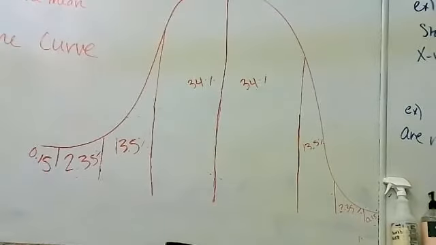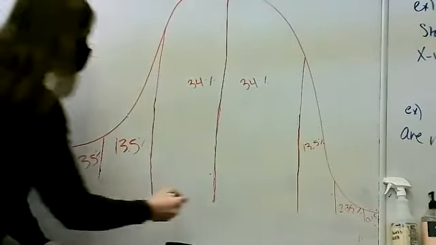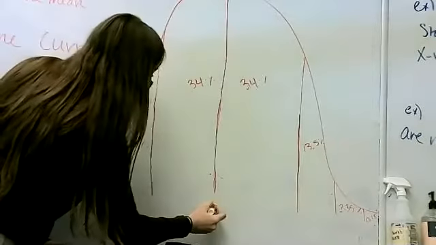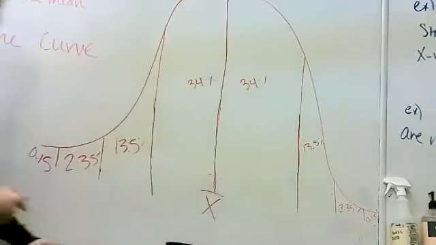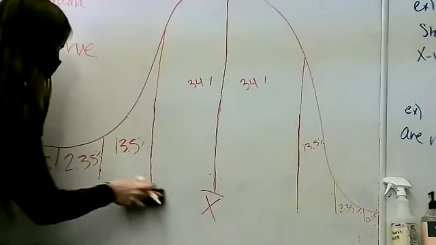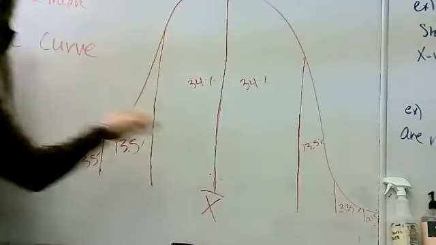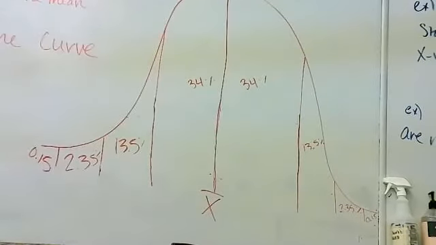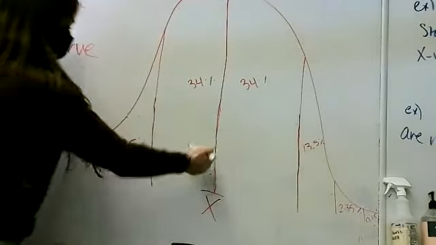So this is distributed symmetrically. Everything on the left-hand side is symmetric to things on the right-hand side. The middle of this is where your average, or X bar, belongs. Every tick mark off to the left-hand side is called one standard deviation away. So here's your mean.